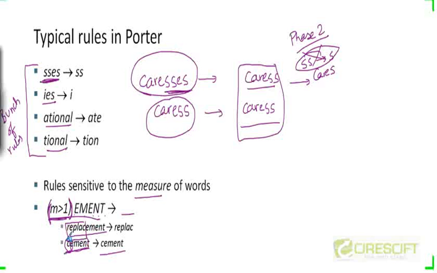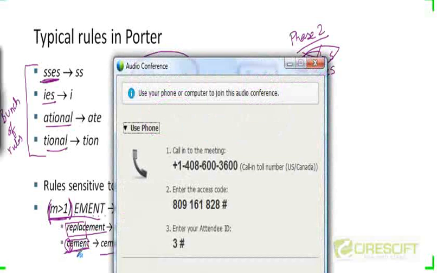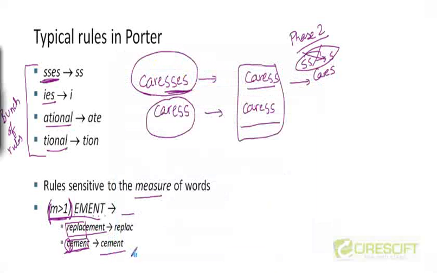If what comes before the EMENT is pretty long, then there's a chance that this EMENT is a variant form of a root word, and so it makes sense to chop it off so that you hopefully get the root word. But if it's just a single letter, C, then this is probably an entire word in itself. It's not a variant of a root word, and so you'll keep it as it is. Is this clear?